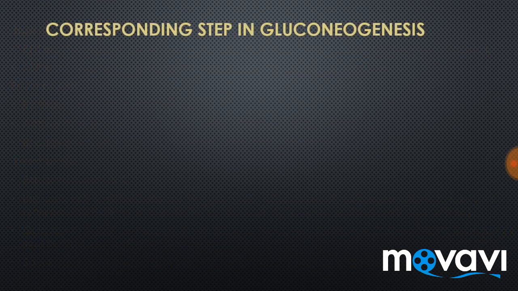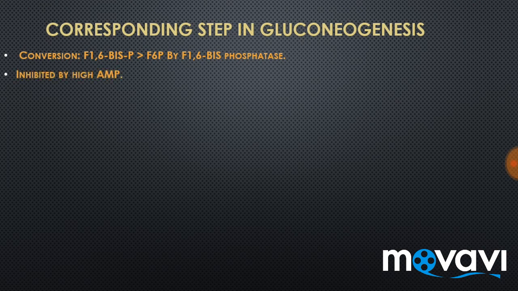Now let's move to gluconeogenesis, the corresponding step in gluconeogenesis. We know fructose 6-phosphate converts itself into fructose 1,6-bisphosphate. Now we are converting this fructose 1,6-bisphosphate back to fructose 6-phosphate by bypassing, and the enzyme here is fructose 1,6-bisphosphatase. This is inhibited by high AMP.